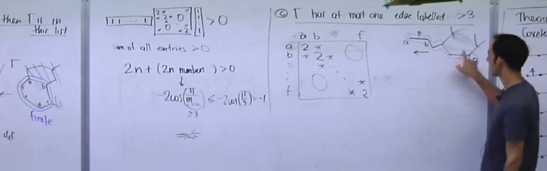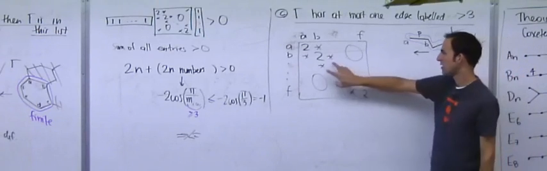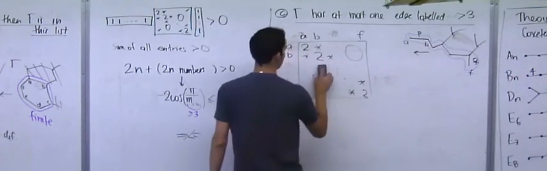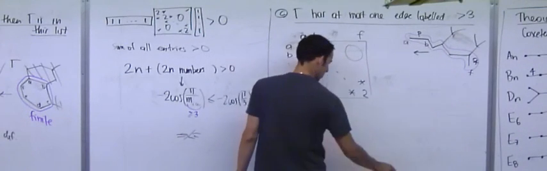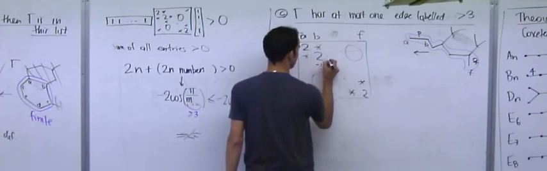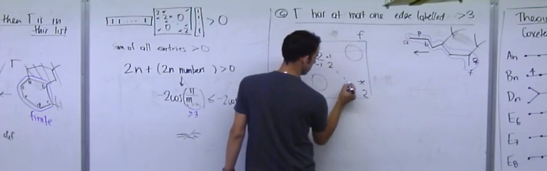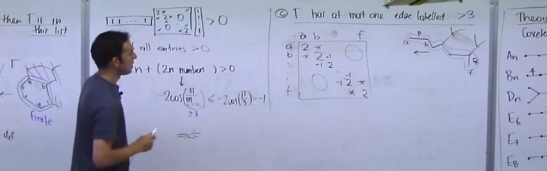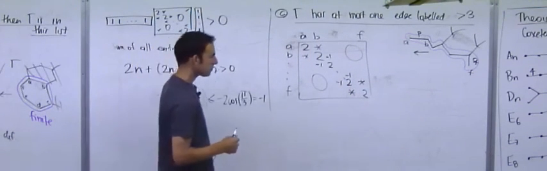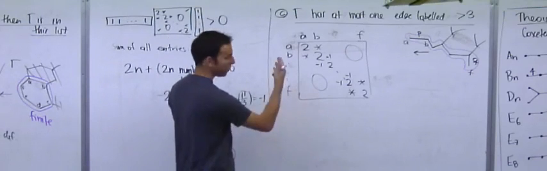And if I assume that all of these guys are labeled 3, then when we have edges labeled 3 there, what we see is negative 1s here. So negative 1, negative 1, negative 1, negative 1.